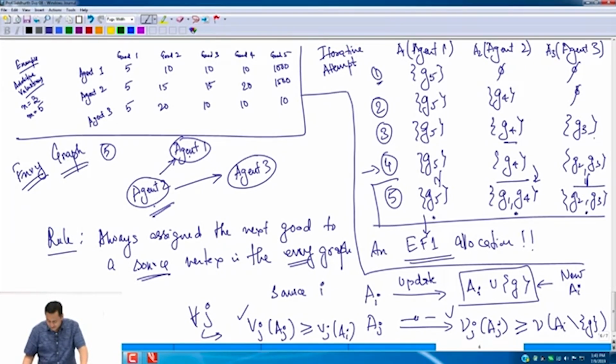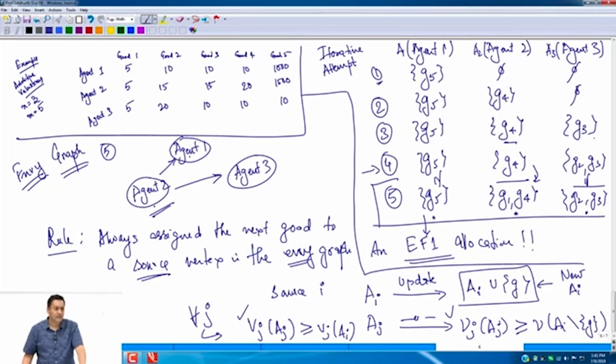So, as we ran through this example, we could always find an agent that was a source in the directed graph, and by the semantics of the construction, this source vertex corresponded to an agent that no one else envied.